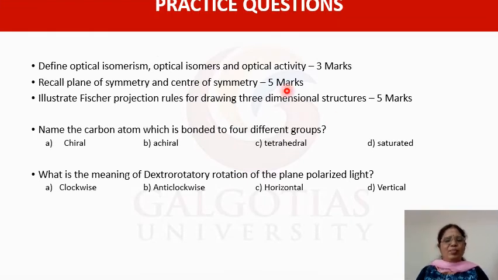These are a few of the important questions which we must understand. We should remember what a geometrical isomer is, what geometrical isomerism is, and what conditions a molecule should follow to exhibit geometrical isomerism.